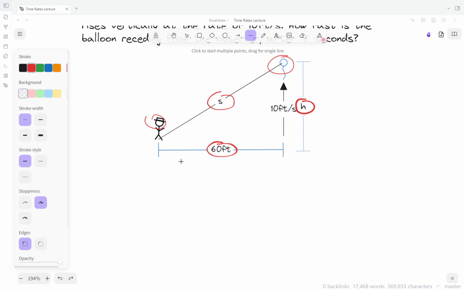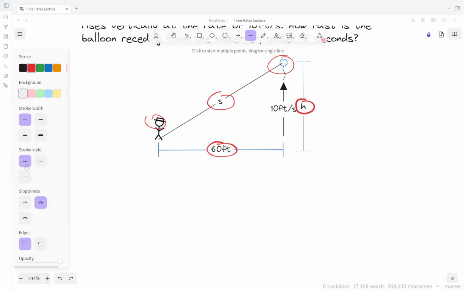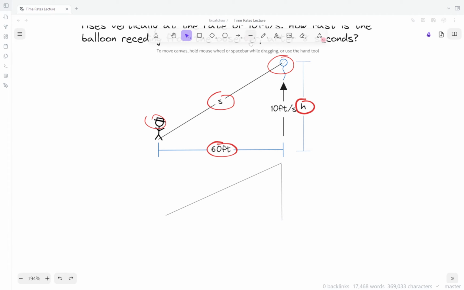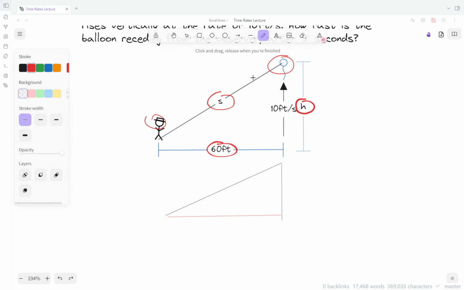That can be easily done if you take a look at the figure. What do you think it resembles? It's a right triangle. Okay, so let me change this one. You have a right triangle here where the hypotenuse is equal to s, one of the legs is equal to h, and the other leg, the base, is not a variable but the constant 60.